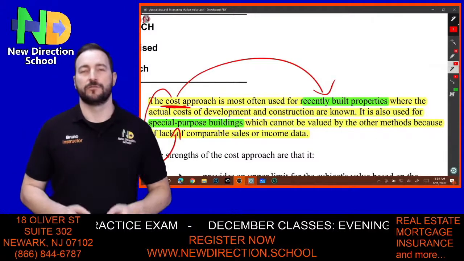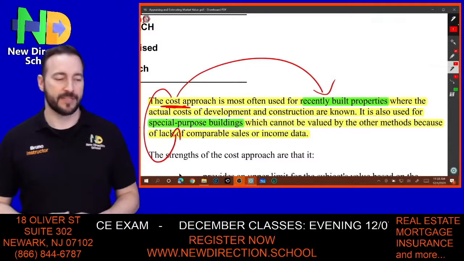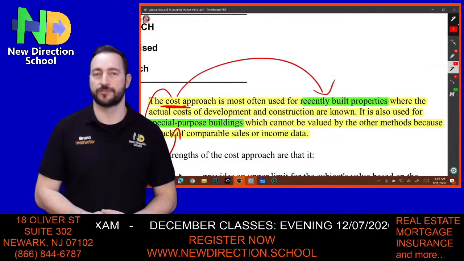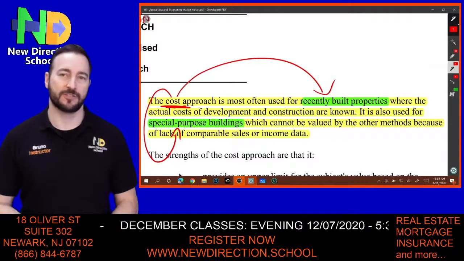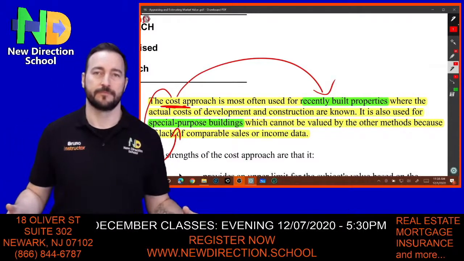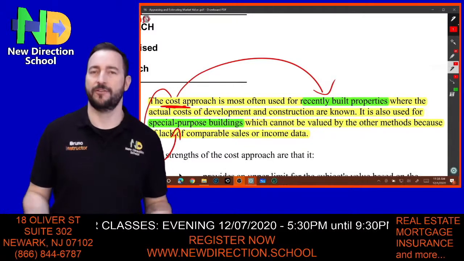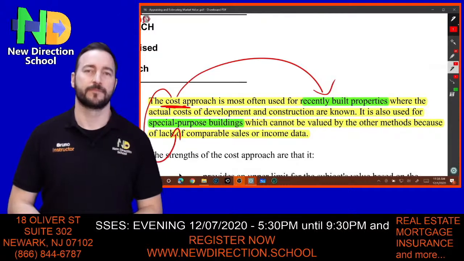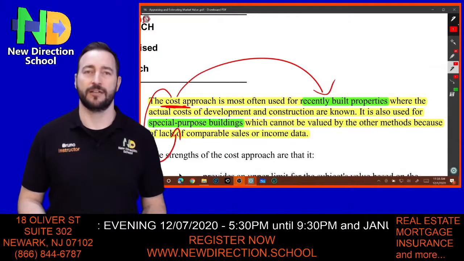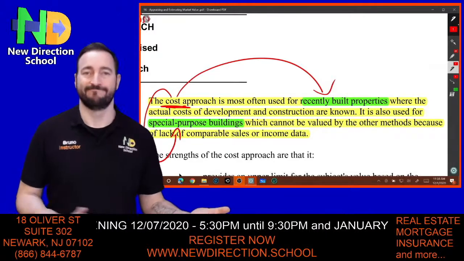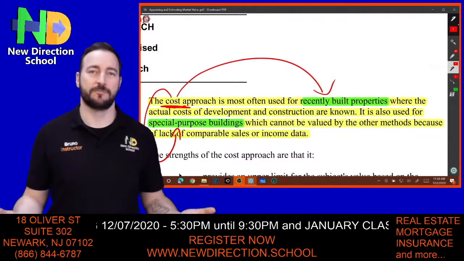The way we look at it is very simple. If I build a house today, and this might be a question in the school or state exam, brand new, and there are no new constructions in the area, how do we figure out the value of mine? Can I use comparables? Probably not, because there's nothing to compare to.